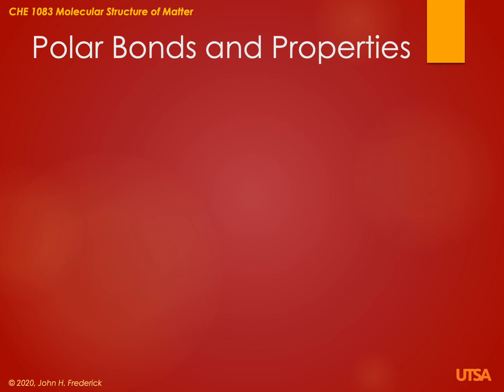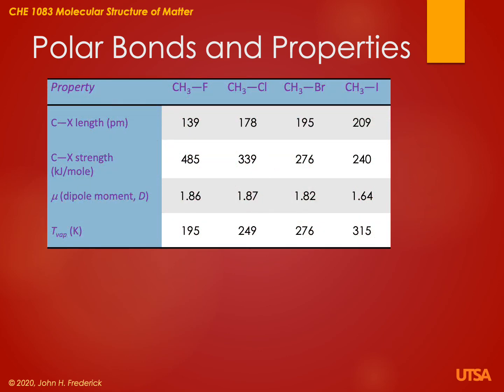These are all polar bonds, and here's a table that indicates what some of their properties are. What I've drawn here is the methyl halide for each of the fluorine, chlorine, bromine, and iodine varieties, and we can take a look at how they compare with one another. In terms of their size, moving across from left to right in the first row, their size increases as we move from fluorine to iodine.